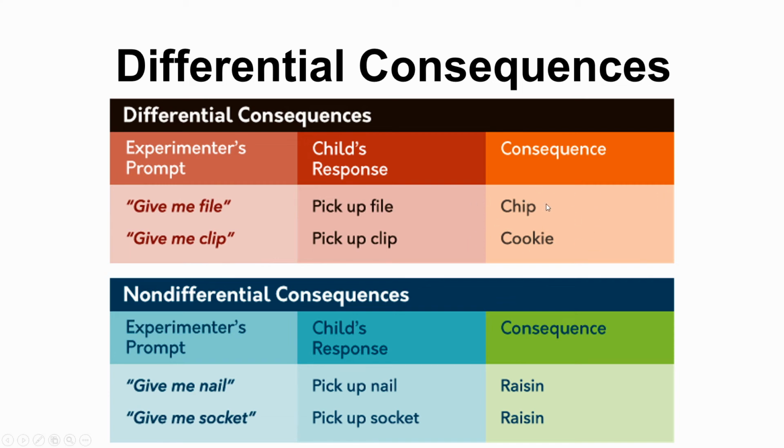So by having these distinct consequences for each action helps us learn that process a lot faster. So we see faster learning when we experience differential consequences, and we experience slower learning when we have non-differential consequences. So something about having this sort of distinct and individual consequence aids in our learning process when we're learning something through an operant conditioning process, which is pretty cool.